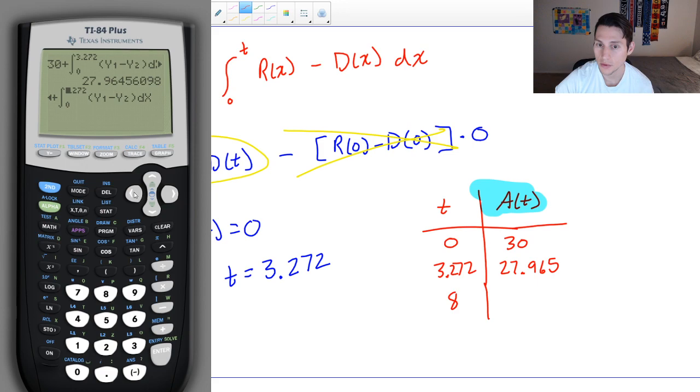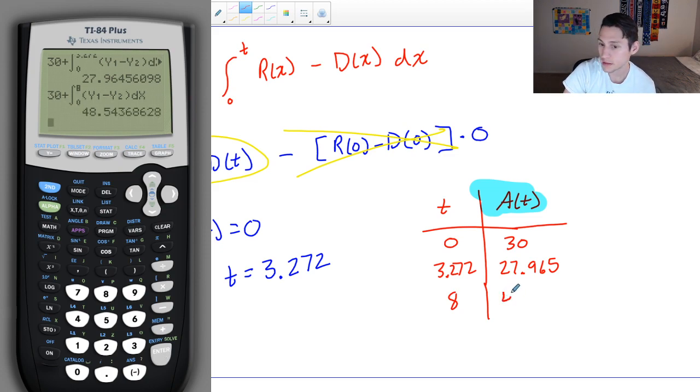So instead of 3.272, I could just change that to 8 instead of having to type everything out again. So we would get 48.544.